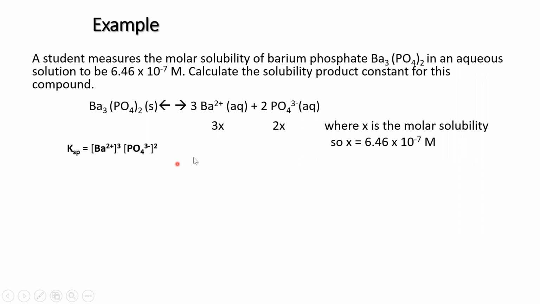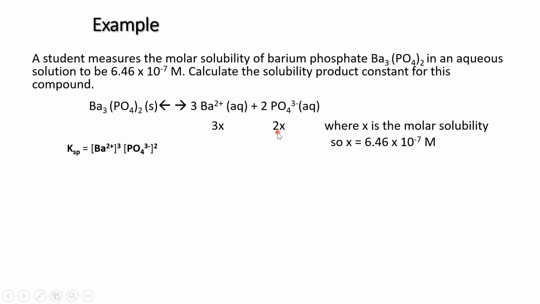Here's our KSP expression. Okay, so KSP equals the barium ion concentration raised to the 3 times the phosphate ion concentration raised to the 2. Now, for the barium ion concentration, that value is going to be 3x because of this 3.